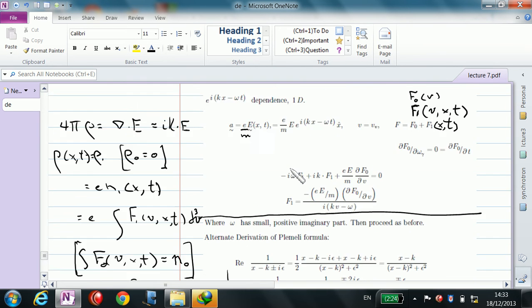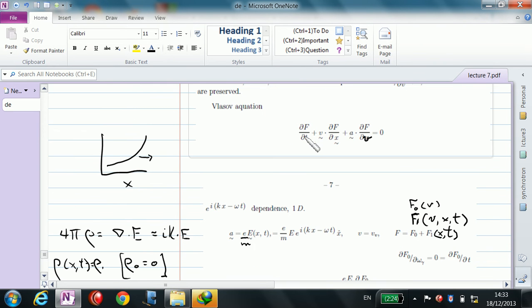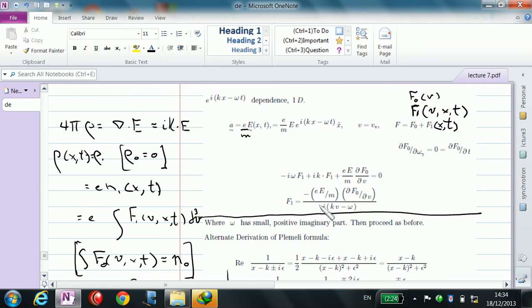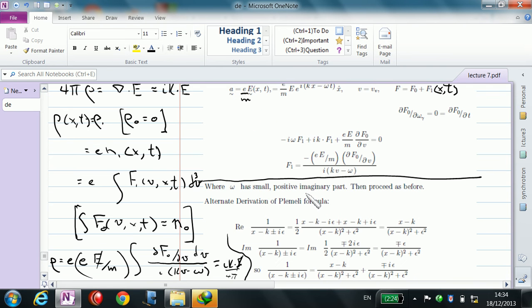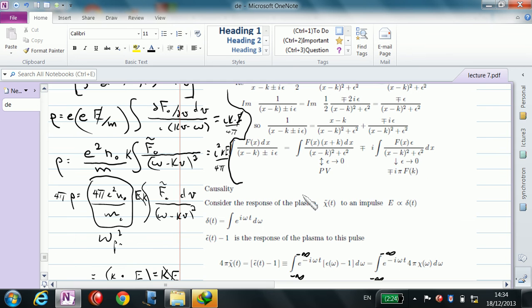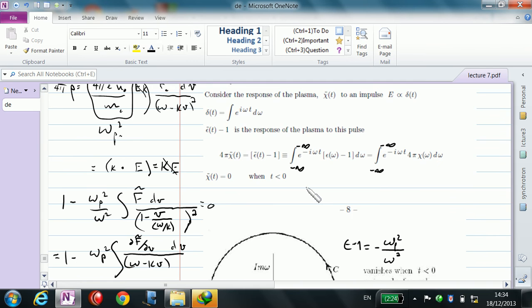So df/dt plus v df/dx is just minus i(omega minus kv), and that's this. Now, when omega is small, there's a positive imaginary part, and yeah, we did this last time.